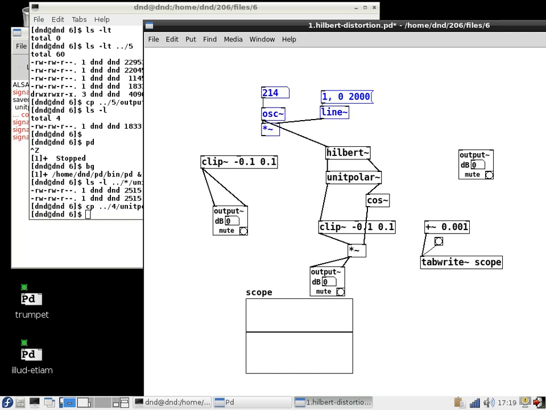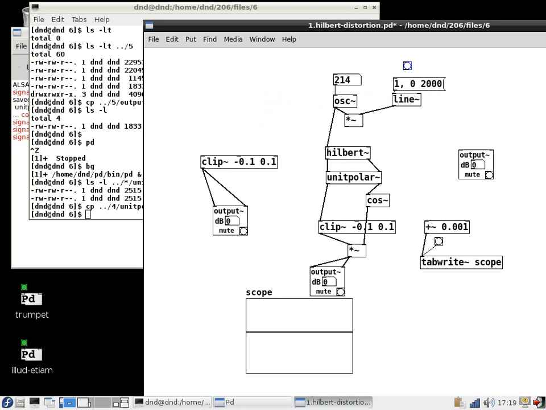I'm, by the way, deliberately using a lousy envelope. And of course, if I don't want it to click, I should fix the thing so that it has a beginning phase of minus 0.25. Should I explain this? I should explain this.